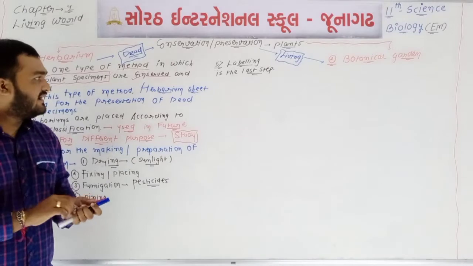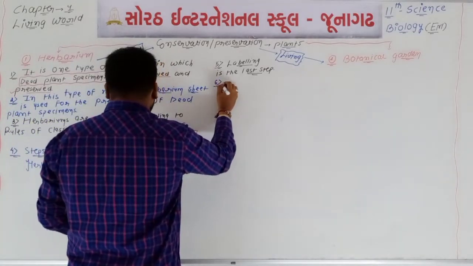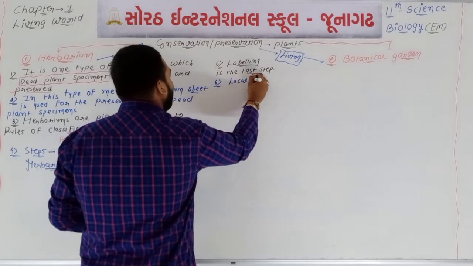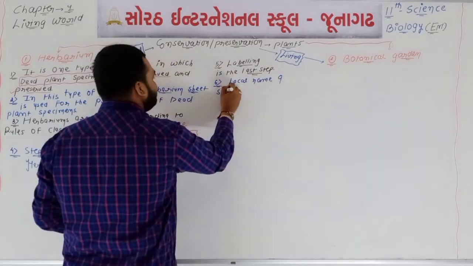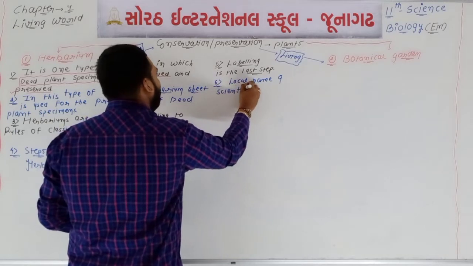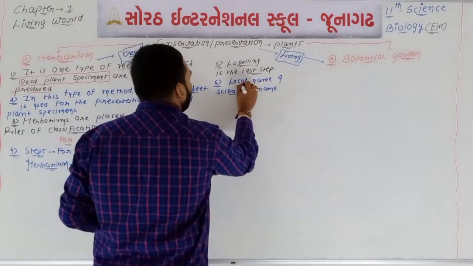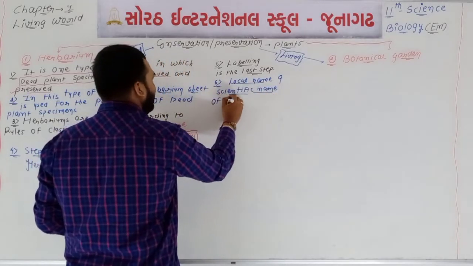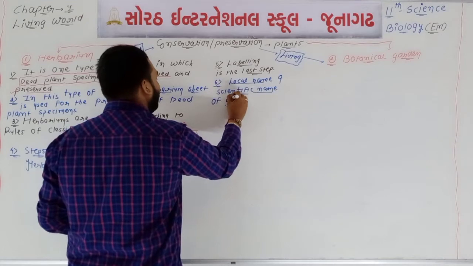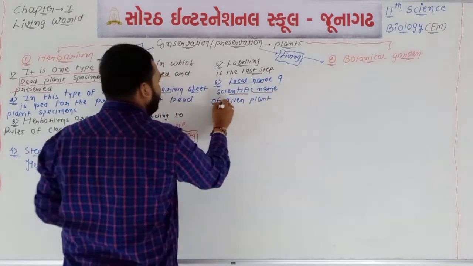After giving labeling, you are going to write the local name and scientific name. Local name and scientific name of the given plant specimen.